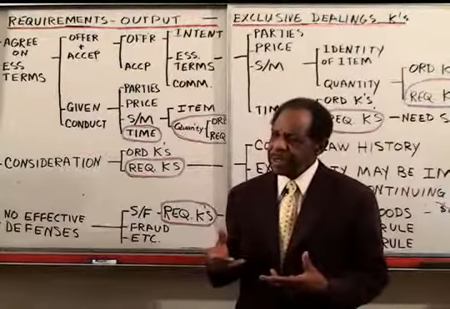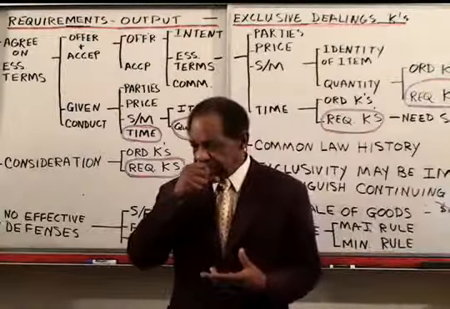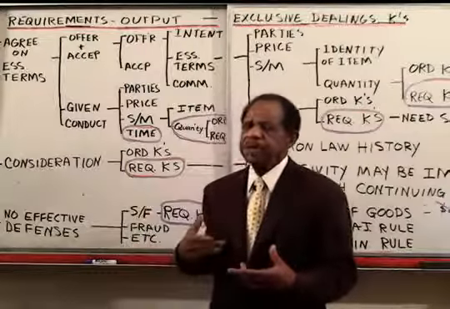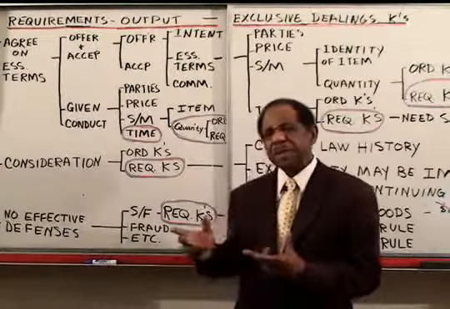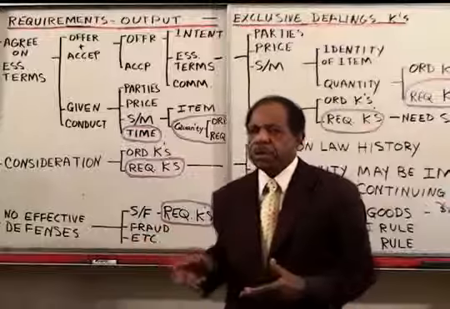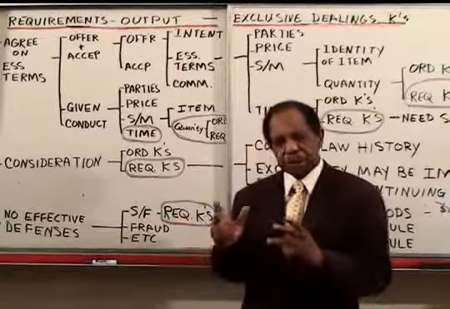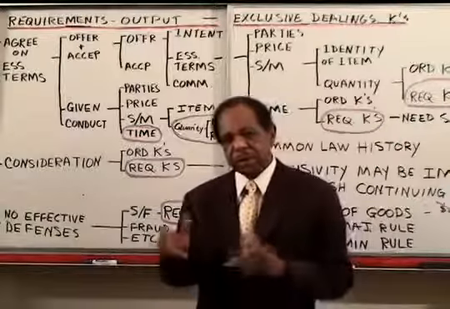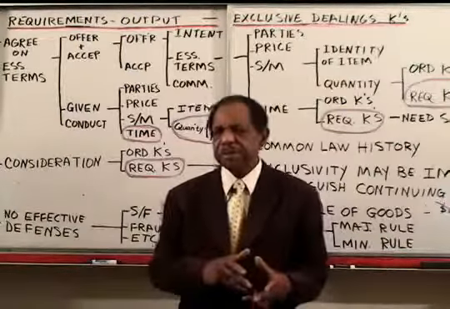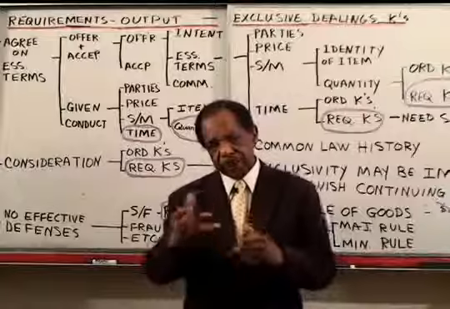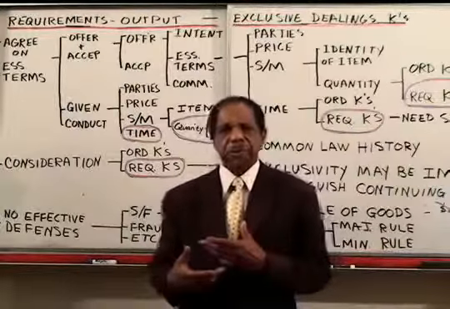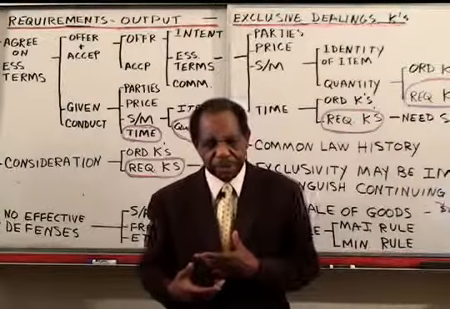Now, if I say I'm going to buy all the salmon that I wish from you, or all the salmon that I want from you, that doesn't work. But if I'm going to buy all the salmon that I require or need in my business from you, and you agree to sell me those requirements, that is a requirements contract.